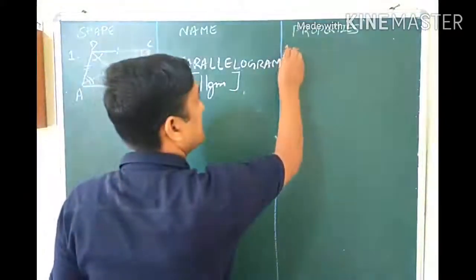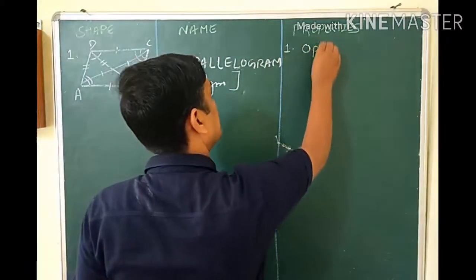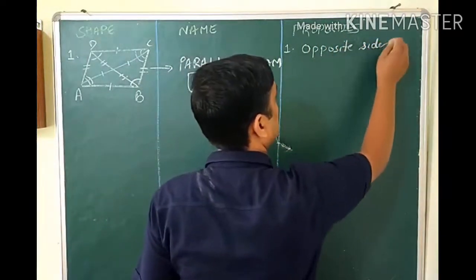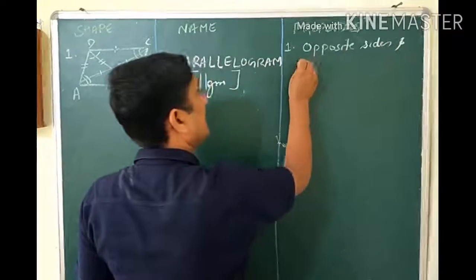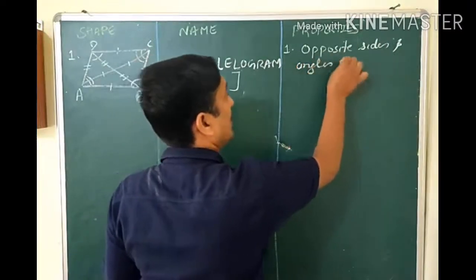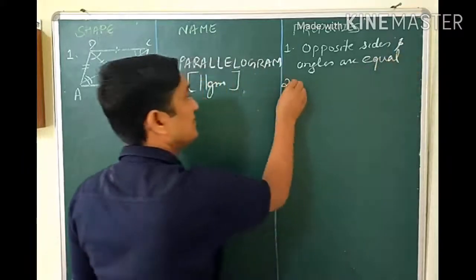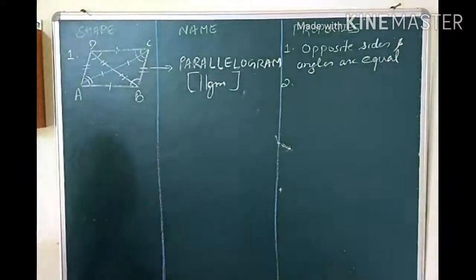First property is opposite sides and angles are equal. Please everyone pay attention. In a parallelogram, opposite sides and opposite angles are equal.